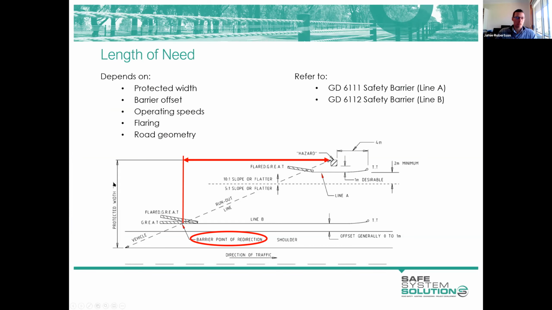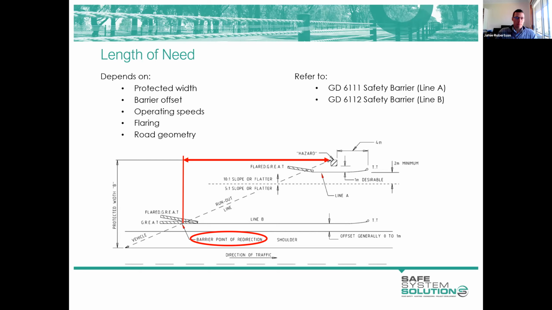It's that distance from the edge of your roadway, your edge line if you have one, or the edge of seal if there's no edge line, or perhaps if it's an unsealed road, the edge of the travelled way. It's the distance from the edge of your road to the furthest part of the hazard from the road. So it's that entire width that you want to shield an errant vehicle from entering.